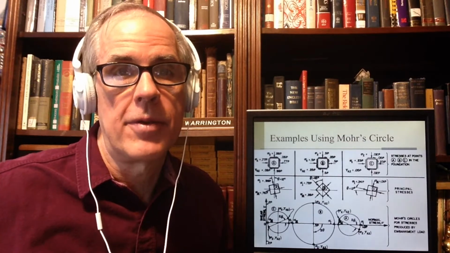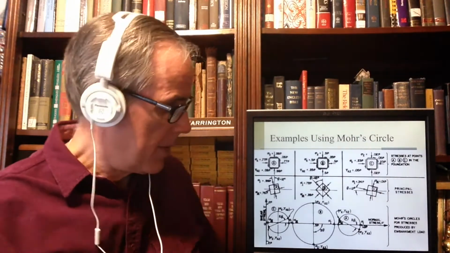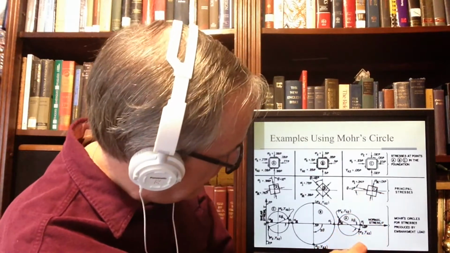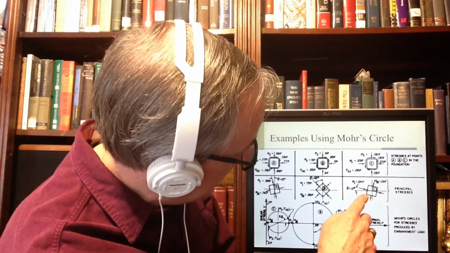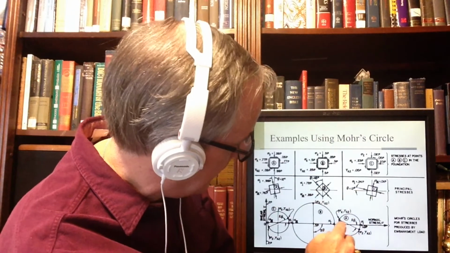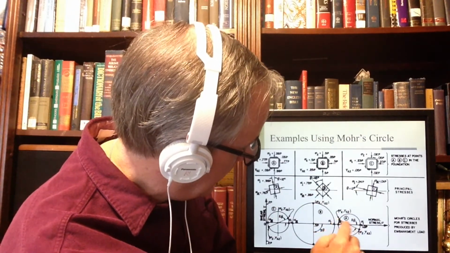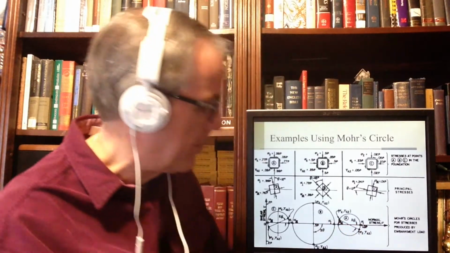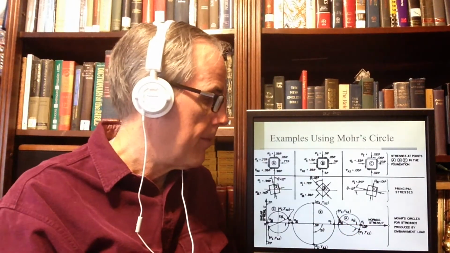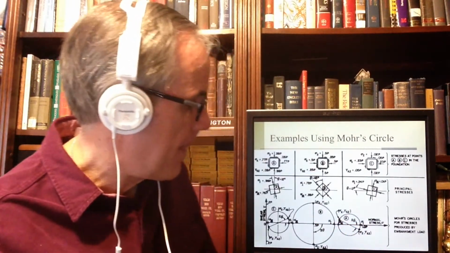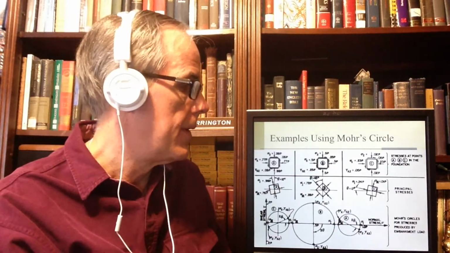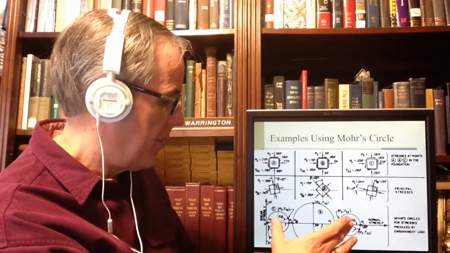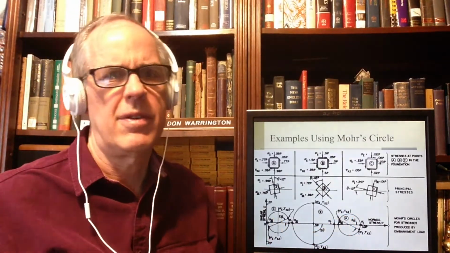And this stress state, which is off of here, 12 degrees again, like it was here, is there, and there. Sigma 1, sigma 3. So you have the same thing. It's kind of the mirror image of this one, which is what you'd expect.